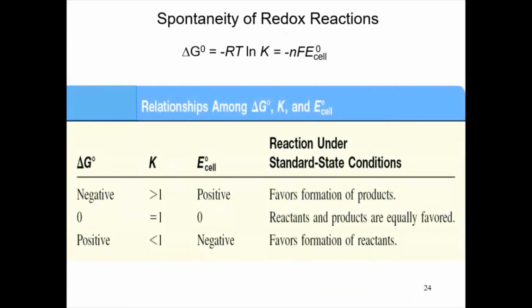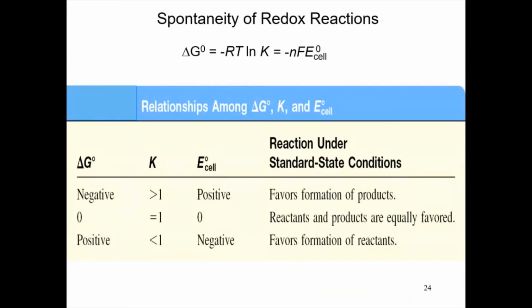So if we go back to a table that we did before, now that we know there's this connection between these three expressions, we can amplify our table where we connect delta G, K, and the potential of the cells. Remember that according to the second law, for a process to be spontaneous in the direction written, delta G has to be negative. Again, this is for the standard state.